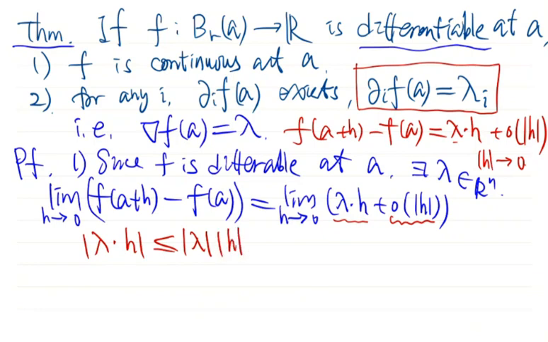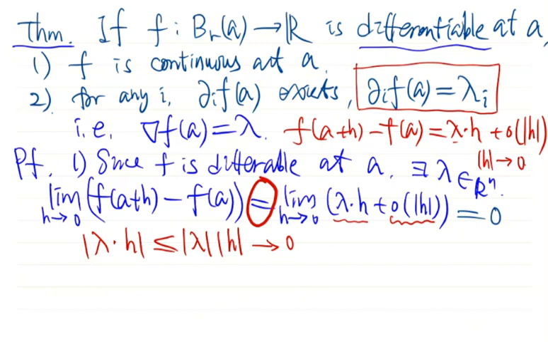But h goes to 0, therefore the right hand side goes to 0. So the right hand side of this equality will be 0.